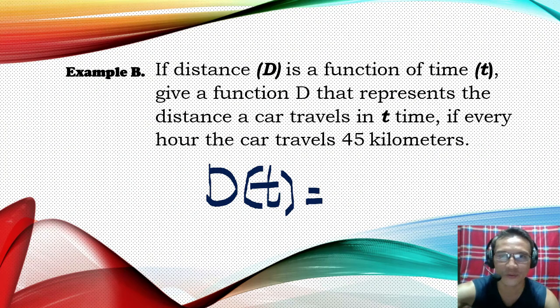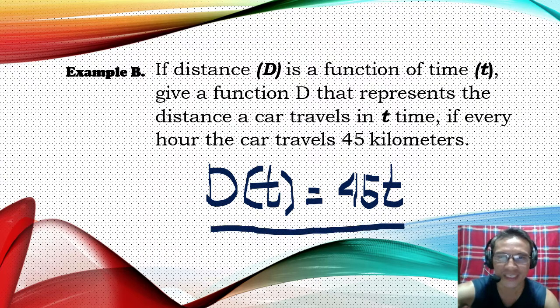Since every hour the car travels 45 kilometers, d of t is equal to 45 kilometers times the time that the car travels, which is t. So therefore, this is the representation of the problem.